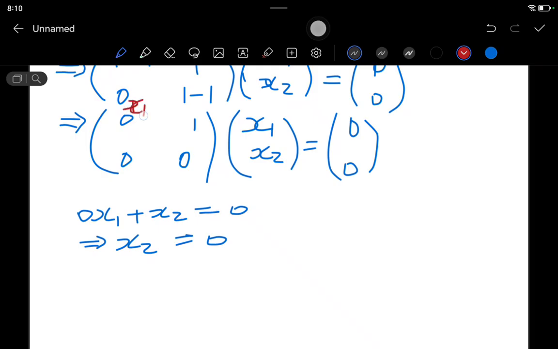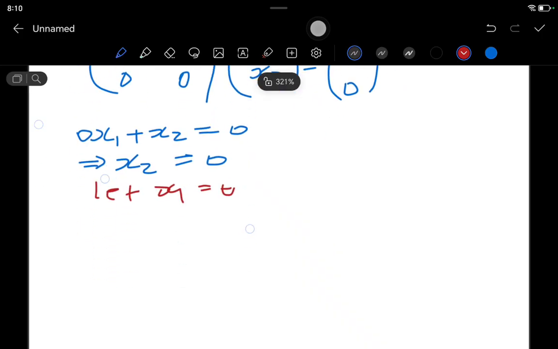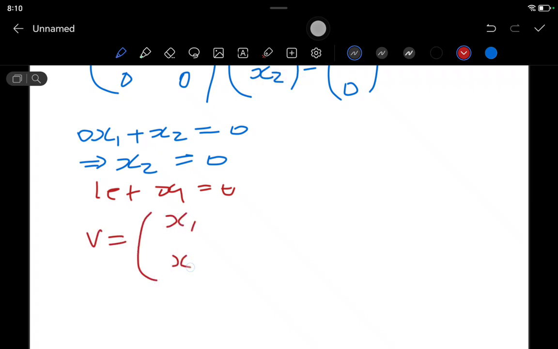So we're going to let x1 be equal to t, meaning that our eigenvector will be, our x1 is t, so I'm just going to have 1 there. Then our x2 is 0.